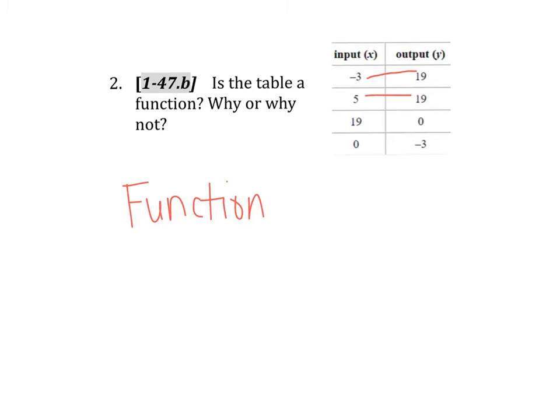What would not be a function would be if negative 3 went to 19, and if it also ended up with, let's say, another number like negative 3, or another number 0. This is not a function in that case. Not a function.